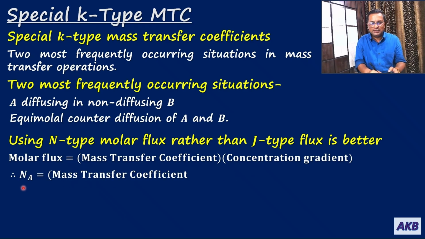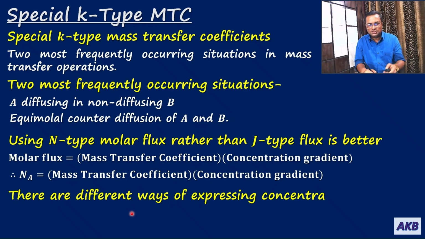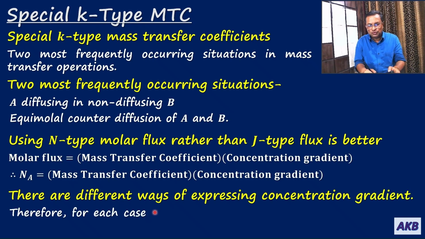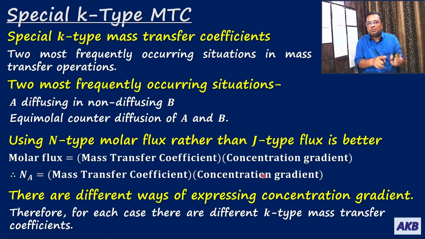In terms of N, that would be Na is equal to mass transfer coefficient into concentration gradient. As we understood just now, there are different ways of expressing concentration gradient, and therefore for each type of concentration gradient, you have one mass transfer coefficient. I will be discussing in detail about these special K-type mass transfer coefficients in my next video lecture.